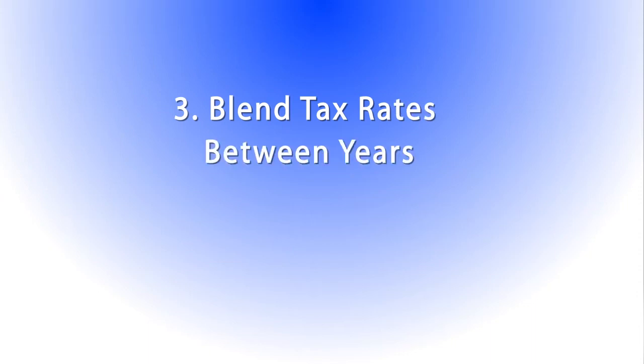Number 3, blend tax rates between years. Some of the differences between the AMT and regular tax systems are merely matters of timing when deductions are taken. For instance, the AMT generally requires slower depreciation than is permitted for regular tax purposes. Other differences are permanent. For example, state income tax can never be deducted under the AMT system, while under the regular system they are deductible when paid.